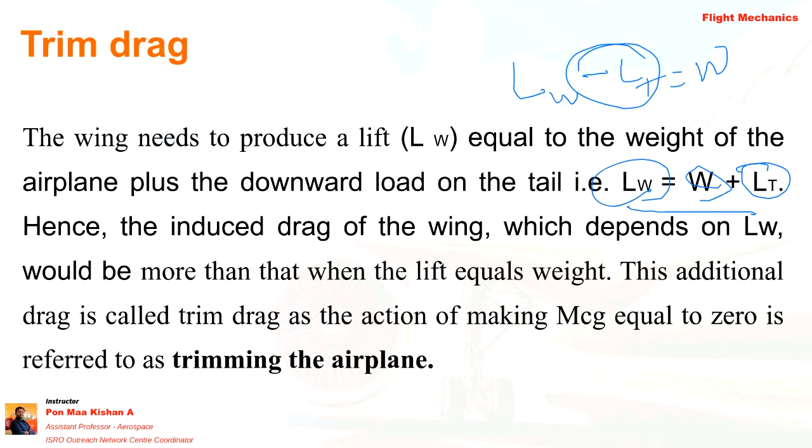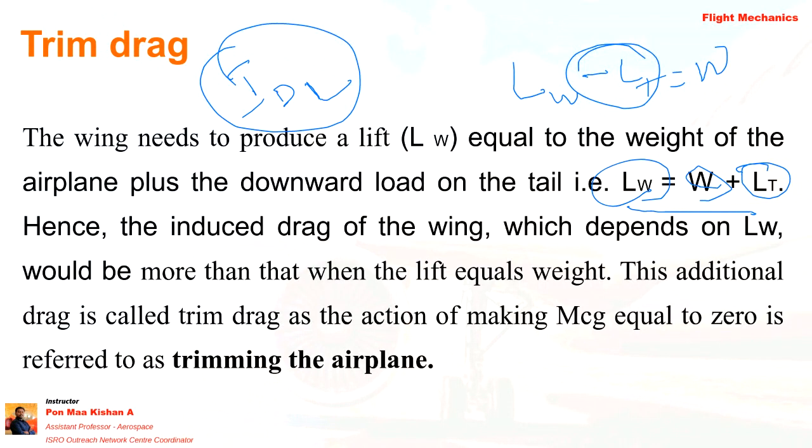If it is flying in steady level flight, we will have an induced drag. Let's say induced drag in level flight. Then the aircraft is pitched up, so there is an increase in lift.